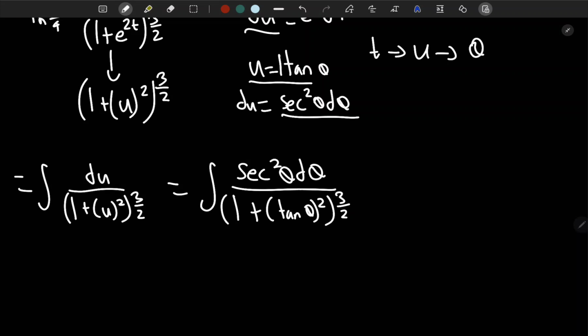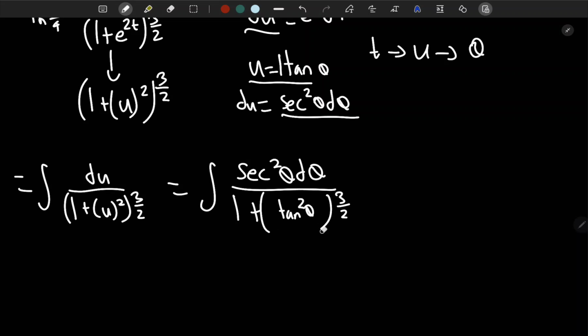So now we need to simplify this. Here we realize that we can take 1 to the power of 3 over 2 and it still remains 1, so this power is only on tan here. I can get rid of these brackets also.